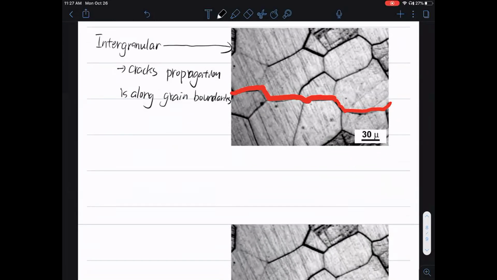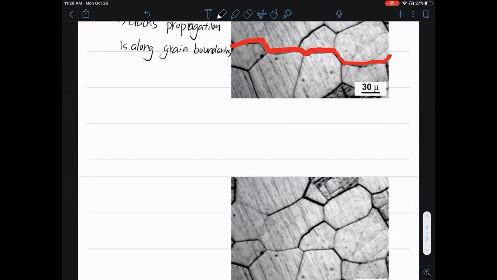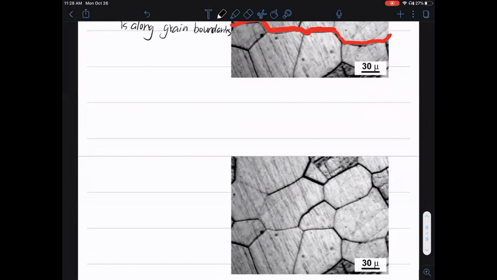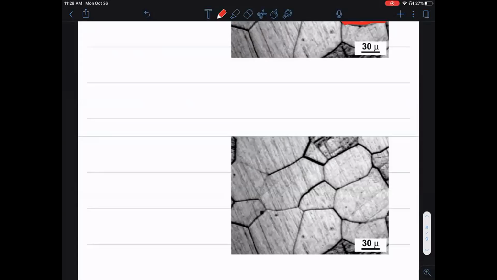Well, if we can have cracks along the grain boundaries, of course we can have cracks all the way through each grain. So there's another type of crack in crystalline materials that won't follow any grain boundaries. It just crosses through the grains.